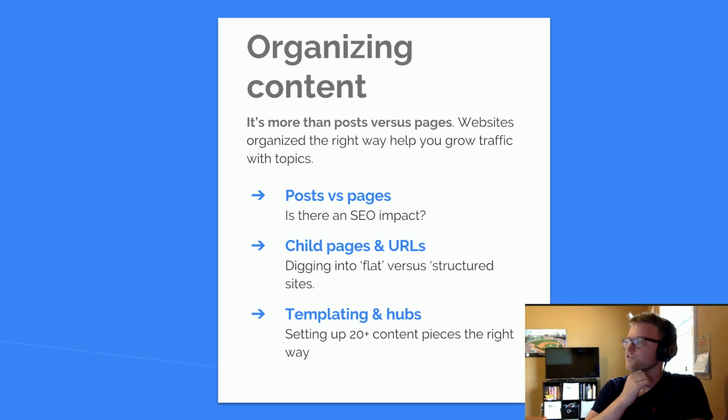Then someone may search something like things to do in Boston on a rainy day. Well, that could be a good example of where you'd want to include a child page, or a subtopic, if you will, under that main things to do page that only calls out the things that you can do in Boston on a rainy day. So that could be a subtopic or category that you use, and then you set the things to do page as the parent page and your rainy day page as a child page.